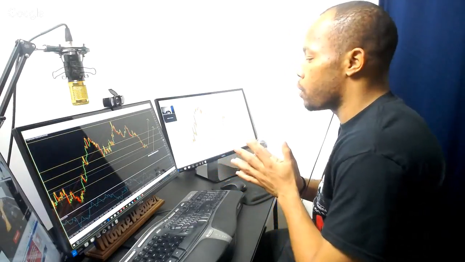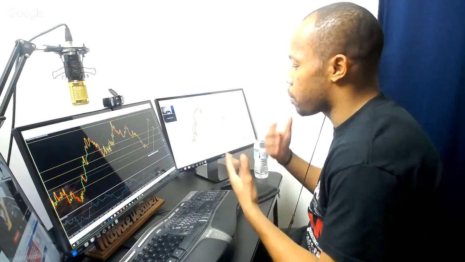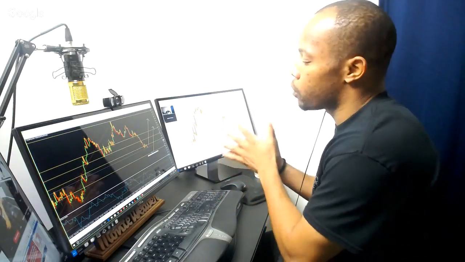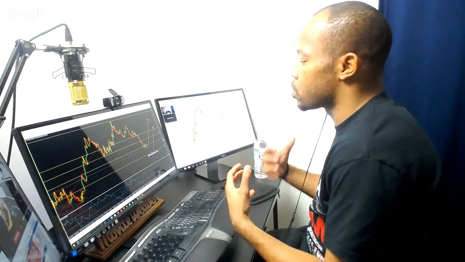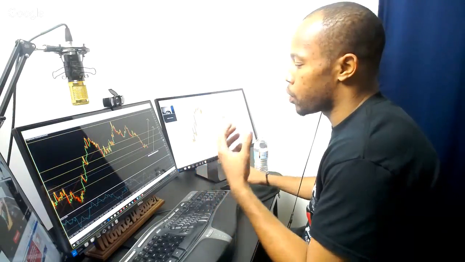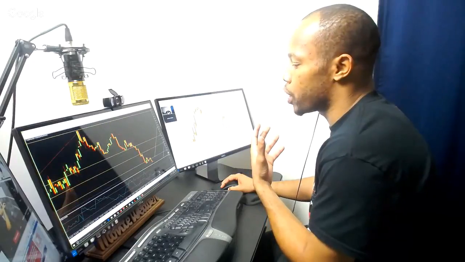And if you want to wait for a confirmation, the three white soldiers candlestick pattern or a bullish reversal pattern right off of these Fibonacci levels is another factor you can use to get into your trade. So as a real-time alert here, this is how I'm setting up this potential trade.